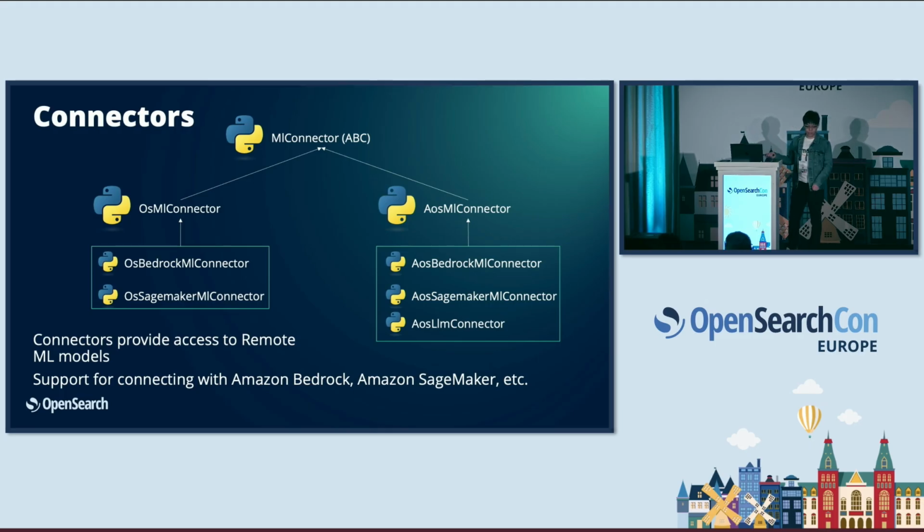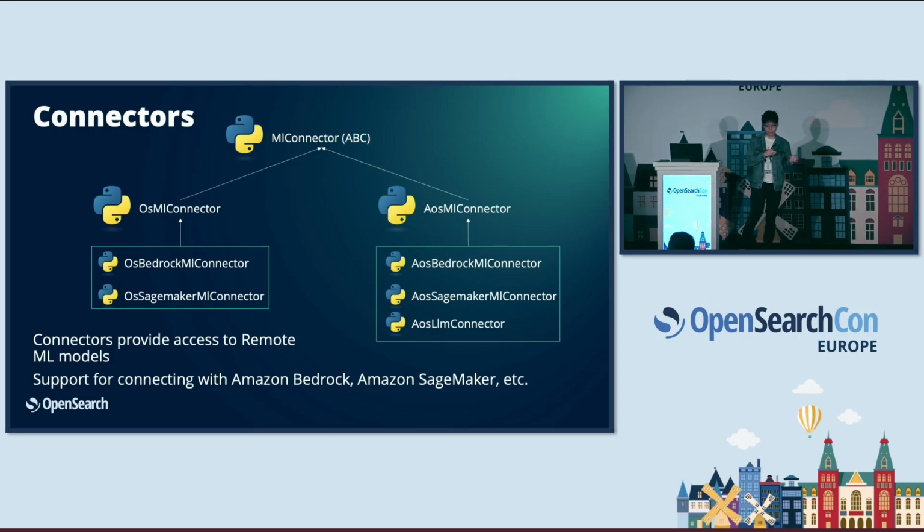As you can see here, for the ML connector class, we have two sets of them. The first one is OSML connector, and the second one is AOSML connector. Here, we have two sets of them because the credential between OSML connector and AOSML connector is different. Here, OS and AOS stand for Open Source OpenSearch and Amazon OpenSearch Service.